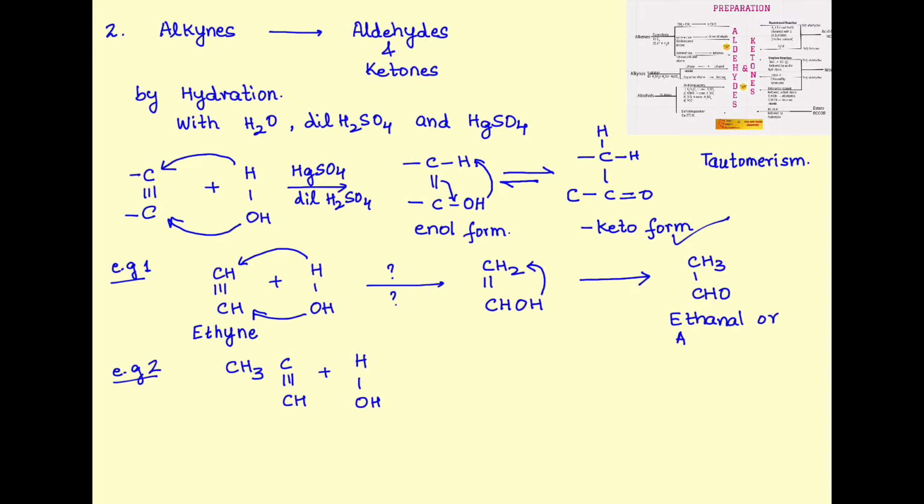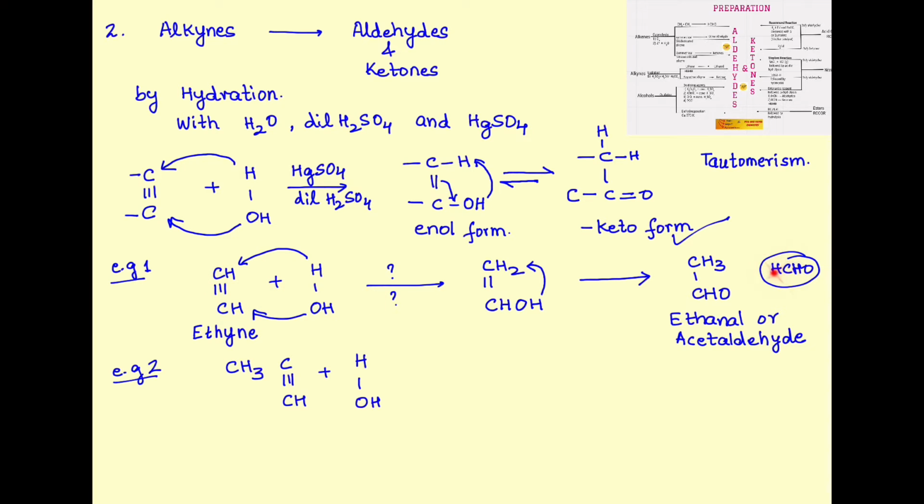Right? Now, can I prepare HCHO by this method? Can we prepare this compound by this method? Think over. No, we cannot, because if you see, we are adding across a triple bond. The starting compound would be ethyne or acetylene only.